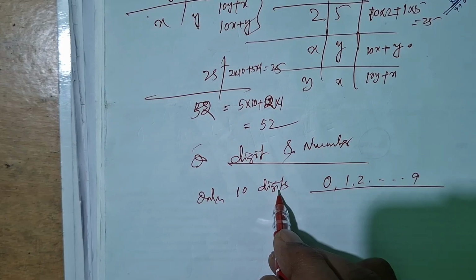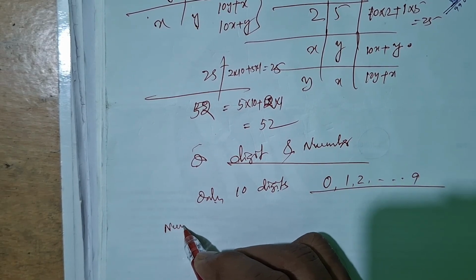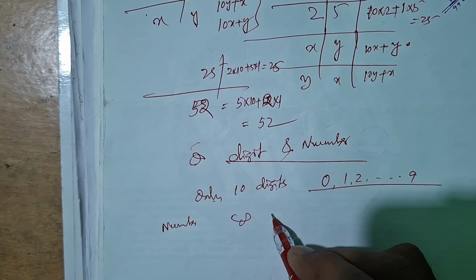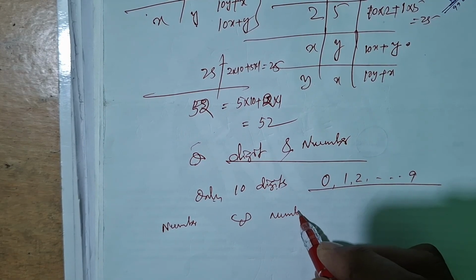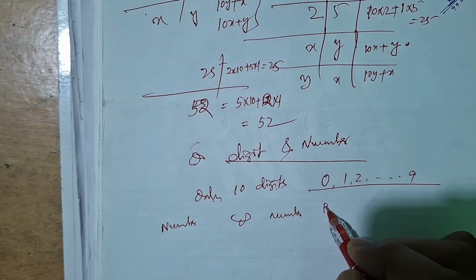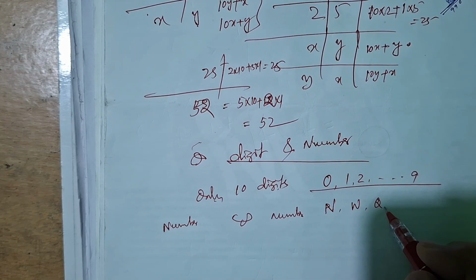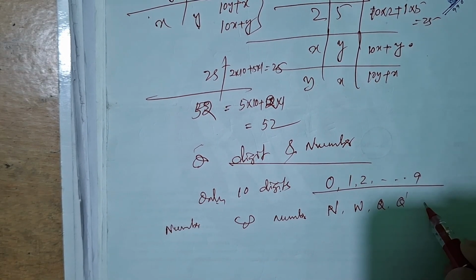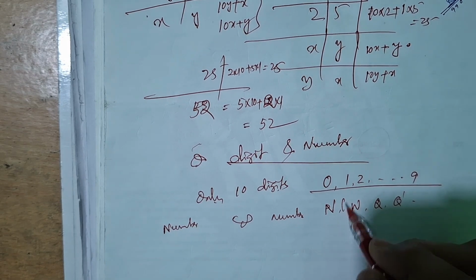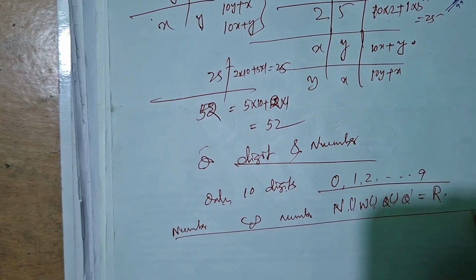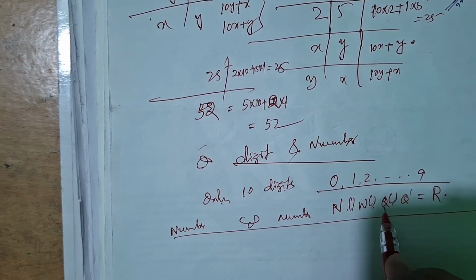But numbers are infinite: real, natural, whole, rational, irrational numbers, all their union is the real numbers. So there are infinitely many numbers.